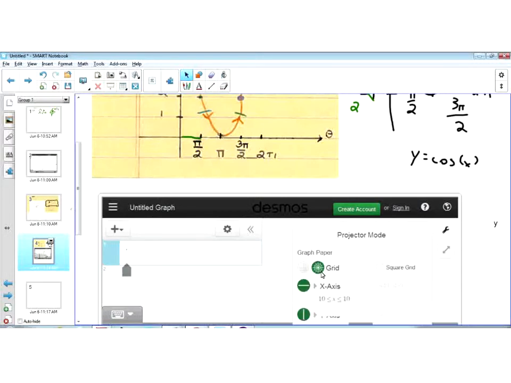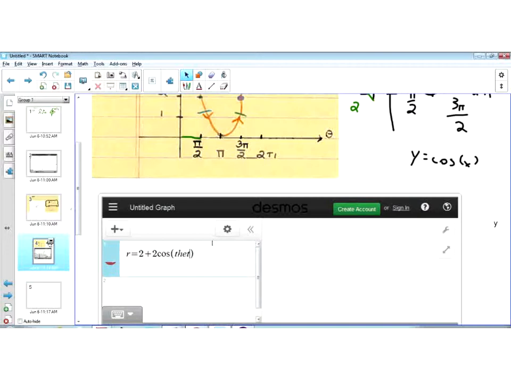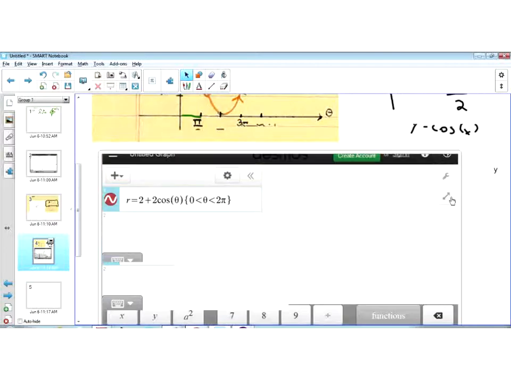I'm not sure if I'm going to have any success with this. Okay, so r is equal to 2 plus 2 cosine theta, where theta is between 0 and 2 pi. What will the sketch of that look like?